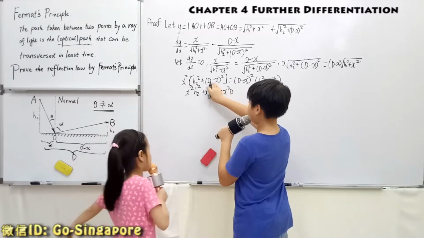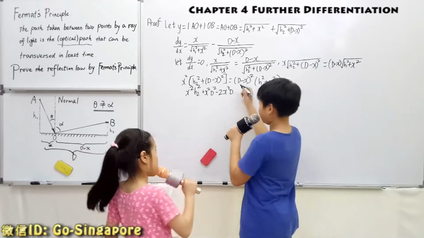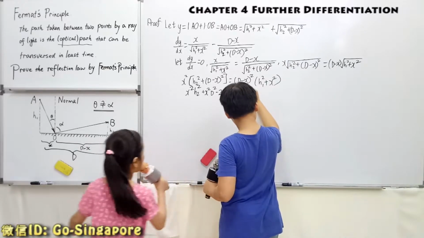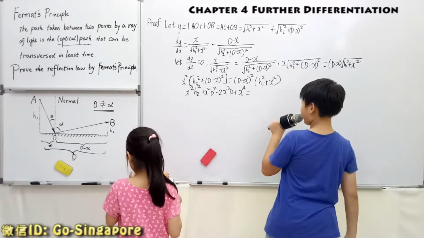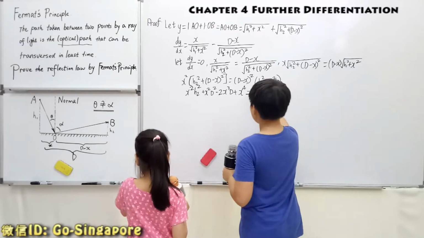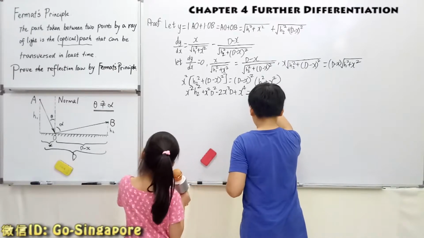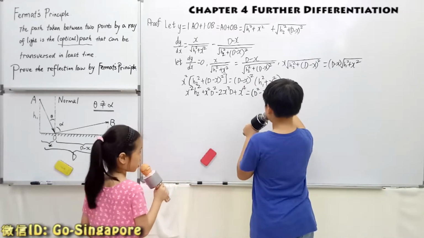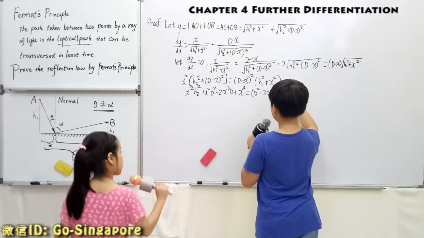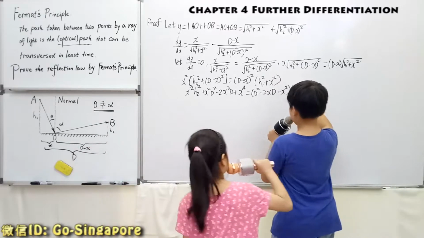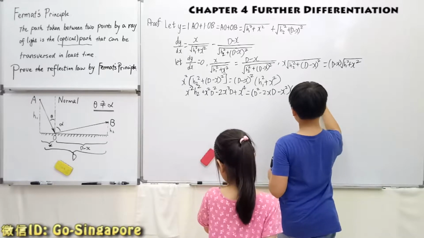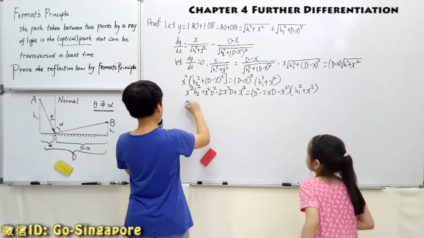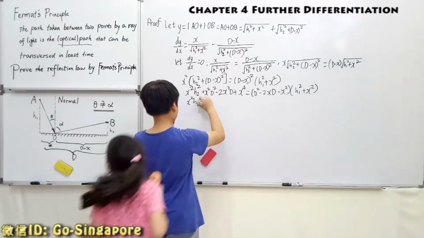Then the next is for the x squared, to the power of. Then here, this is d squared minus 2xd, d minus x squared, x squared. Like this. So in front this part still stays the same.